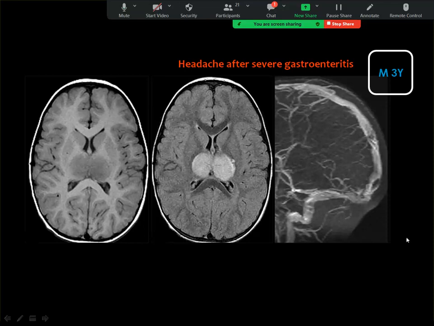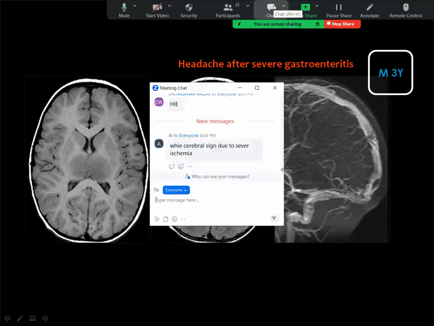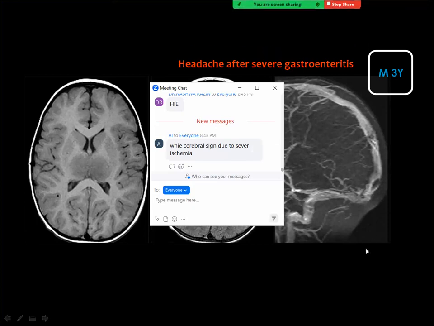The next case is a male, 3 years old, presented with headache after a severe attack of gastroenteritis. The white cerebellum, yes, and it is due to the black cerebral hemispheres, of course.